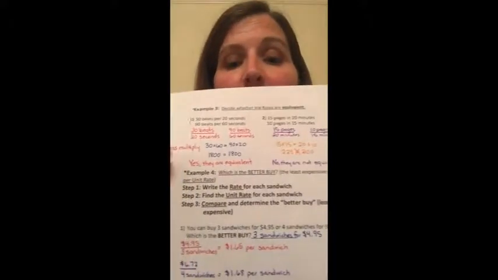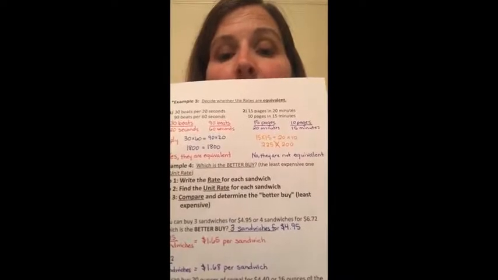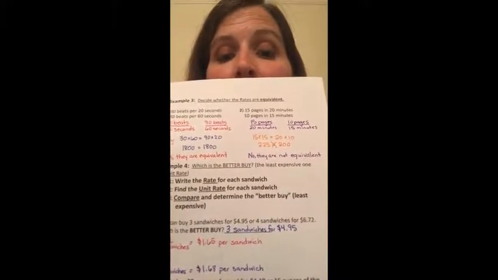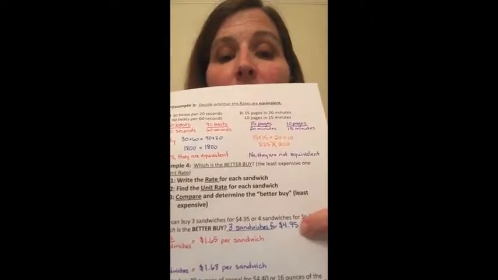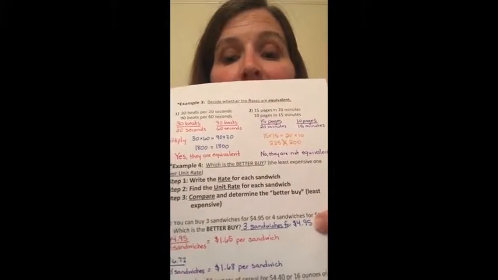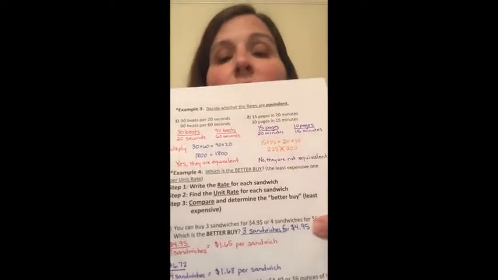So looking at those two, I can see that paying $1.65 per sandwich is better than paying $1.68 per sandwich. So I need to go back and answer my question. 3 sandwiches for $4.95. That answers the question, which is the better buy?